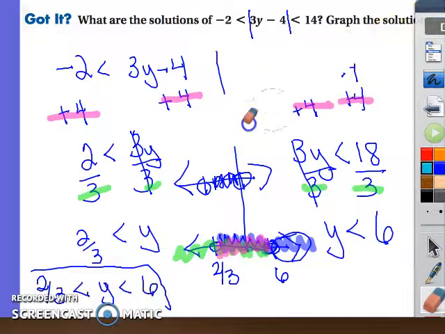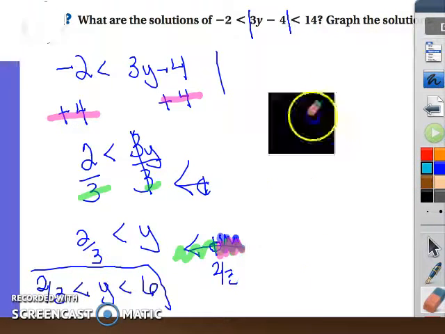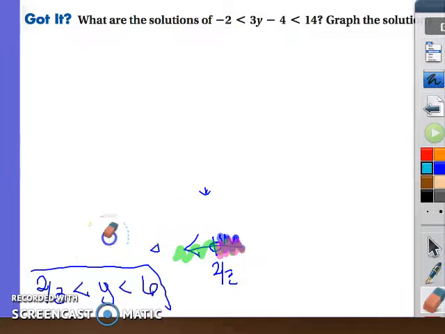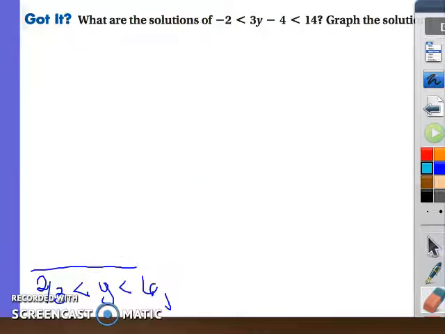Let me erase some of my work real quick. What I'm going to show you is, if you have this compound inequality, whatever I do to the inside, I have to do to either side, both this side and this side. So I can add 4, and then I would have to add 4 to both of these sides.